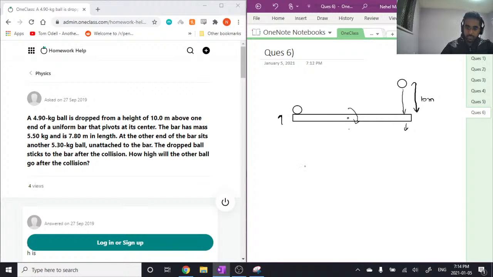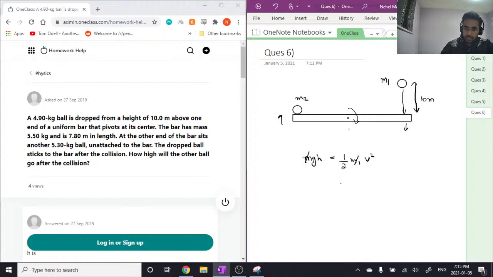Therefore we can say that m1gh, calling the masses m1 and m2, is equal to half m1 v squared, potential energy equal to kinetic energy.